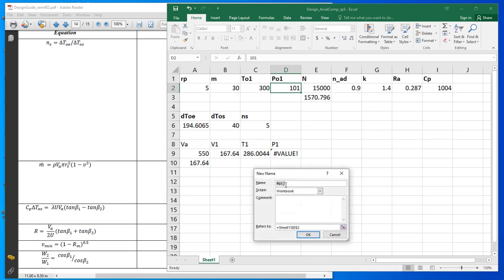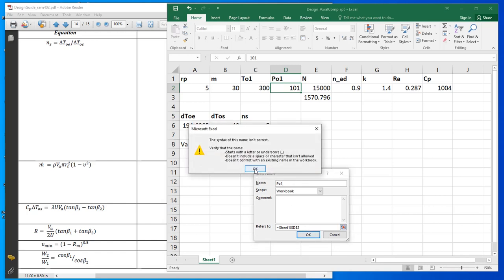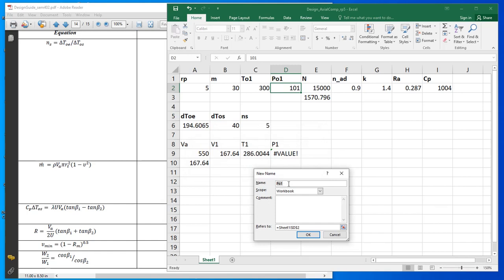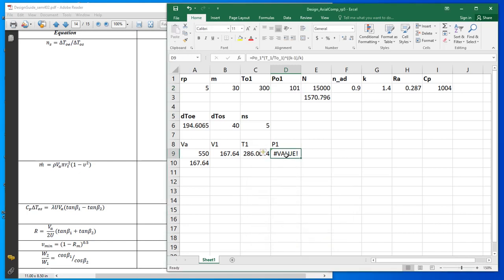Define name. Just to make it simple, I'm going to call it P01 or P0 inlet, P0 in.